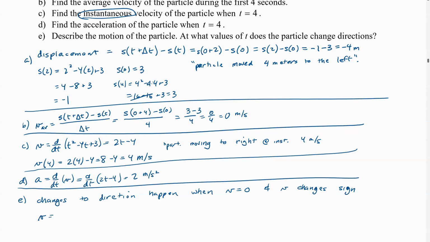If we know that velocity, calculated earlier right here, is equal to 2t minus 4, we can find out that it changes direction when t is equal to 2.